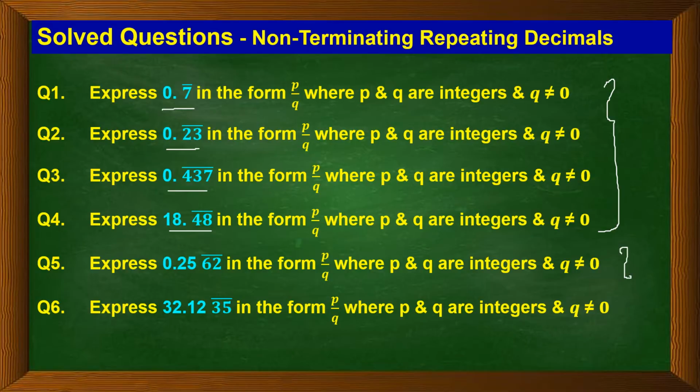Whereas question number 5 and 6 are related to mixed recurring decimals because there are two digits which are not repeated, like 25 is not repeated over here, 12 is not repeated. Now let us start with each question.